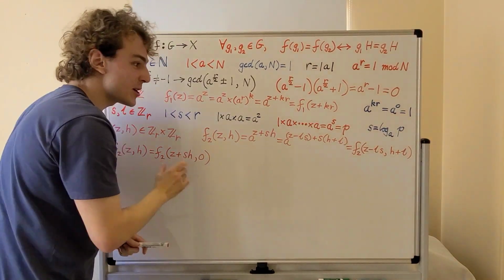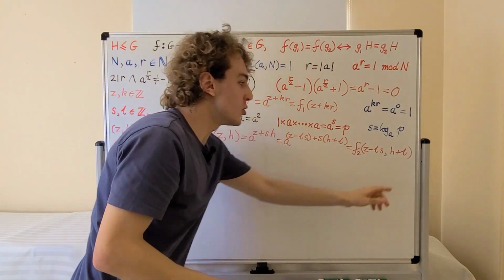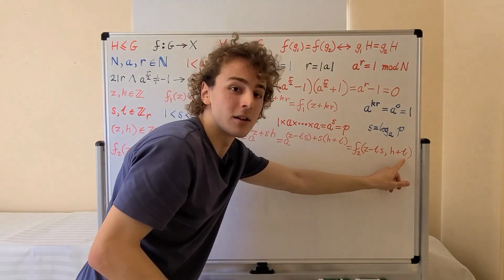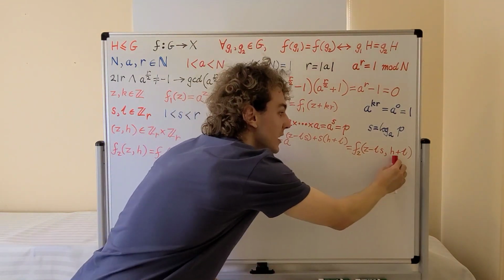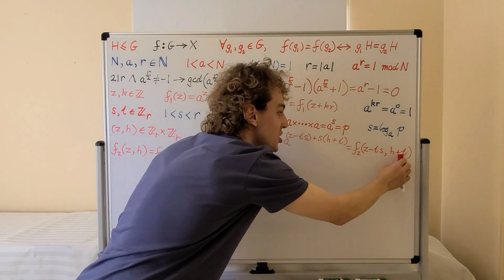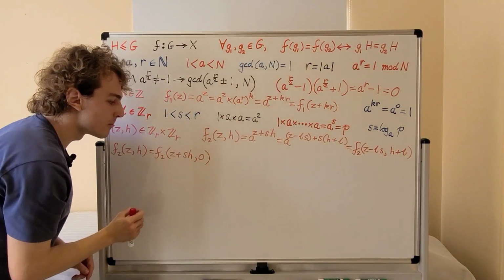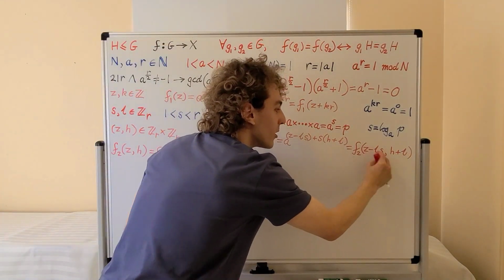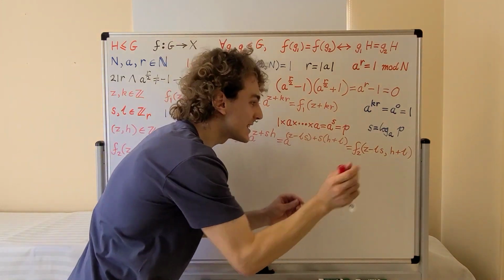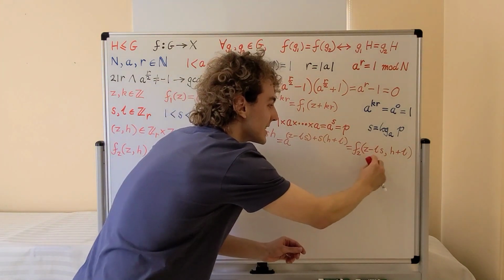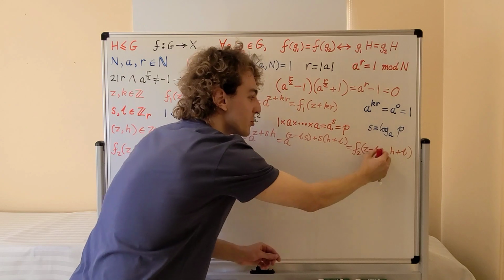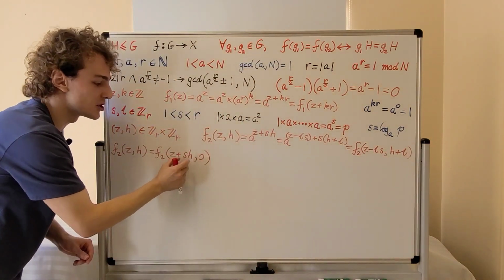So this is actually a special case of this relationship. If you choose this integer L to be minus h, then you can cancel this h over here. So you have h minus h, that gives 0. And if you choose this minus L to be plus h, so that's the opposite sign, that's the same as minus h, which gives us a plus h, that gives us this over here.